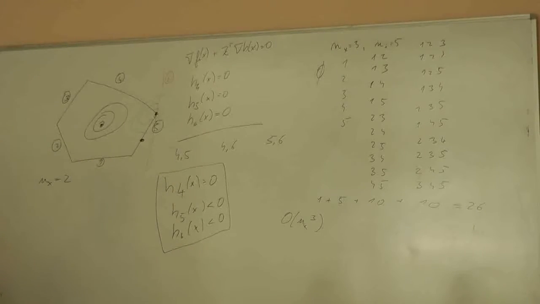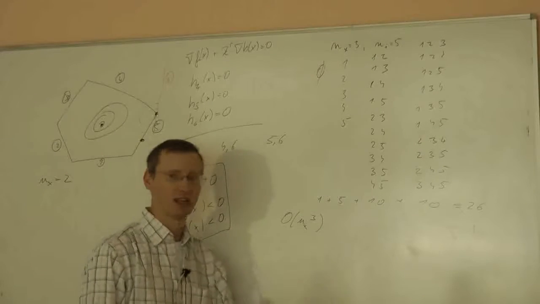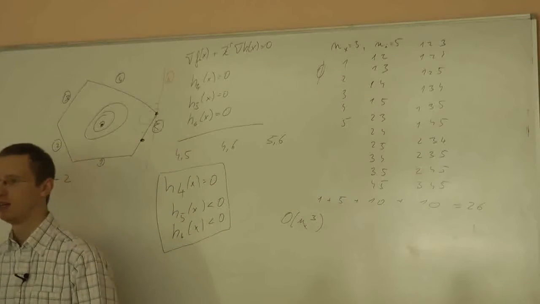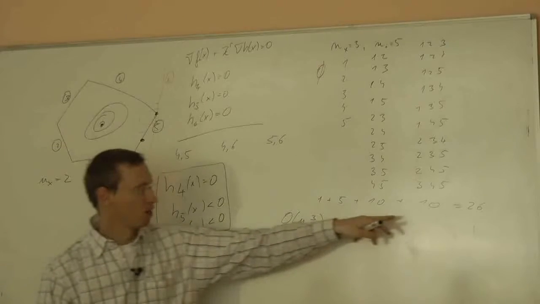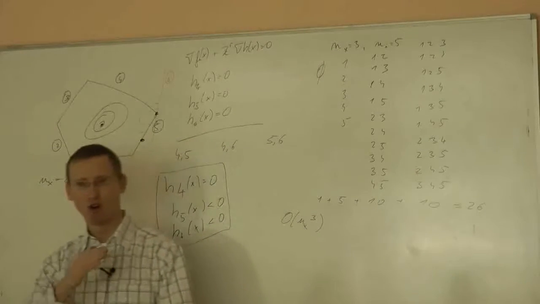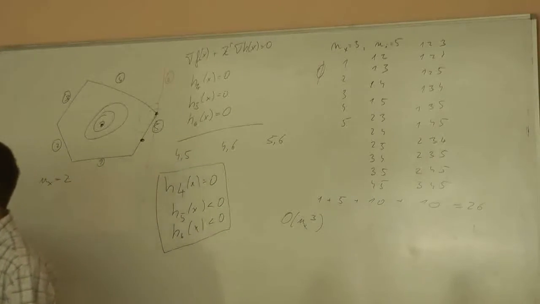So that's the number of arithmetic operations we need to perform to obtain a matrix inverse. But the trouble is that this number here, this 26, grows very rapidly with the number of constraints and the number of optimization variables.